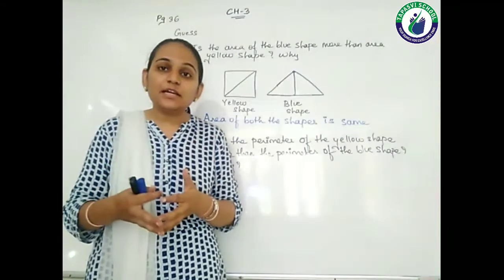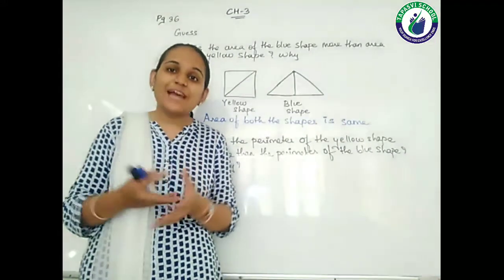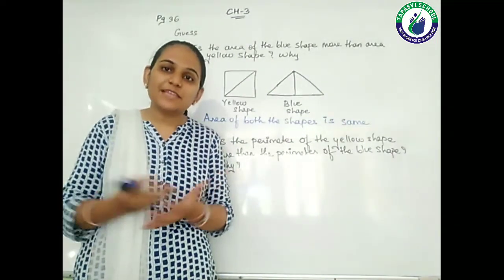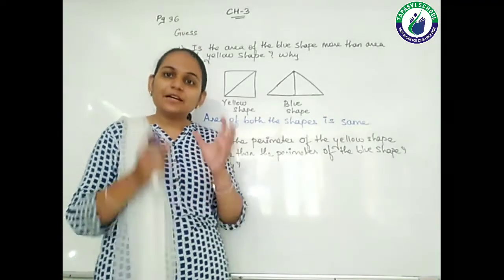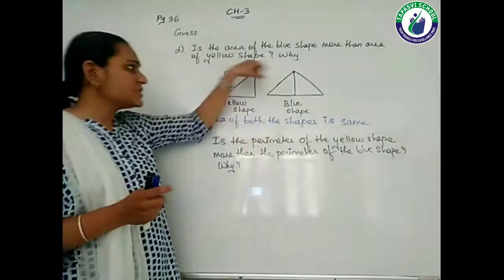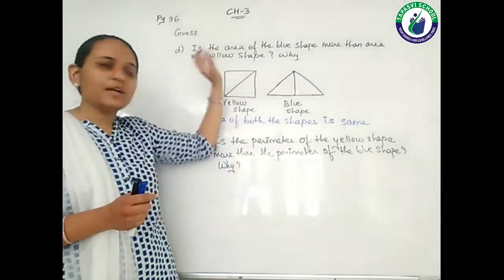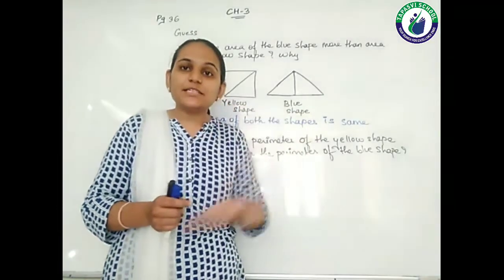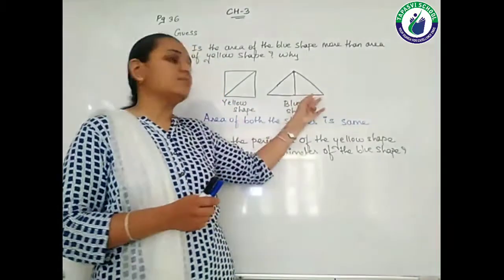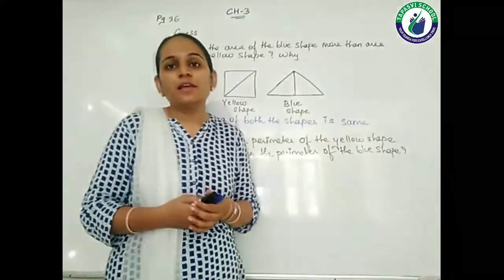You can even check it by measuring the sides, taking a scale, or you can even take a thread. Just measure all the sides of this square and all the sides of this triangle, and then you can say that the perimeter of the blue shape is more than the yellow shape.